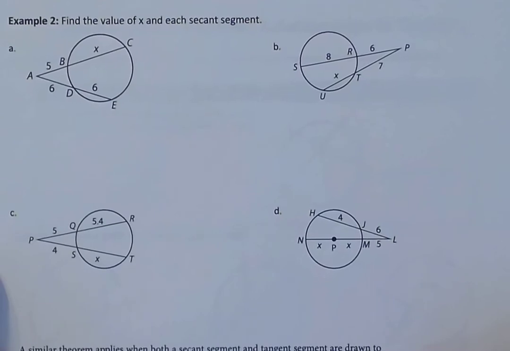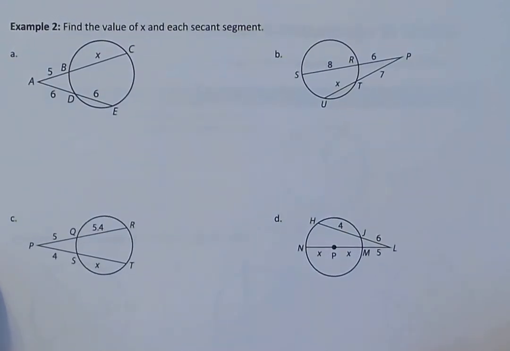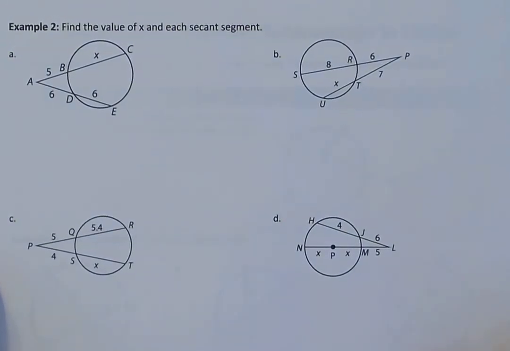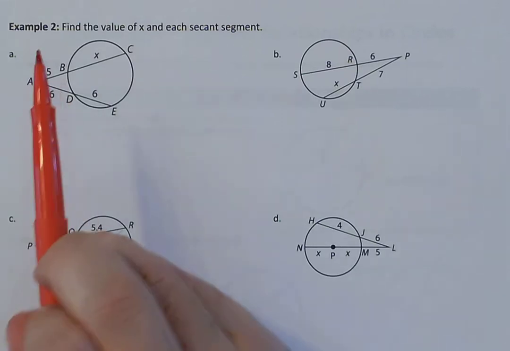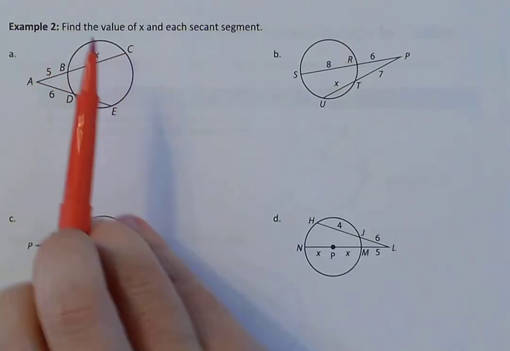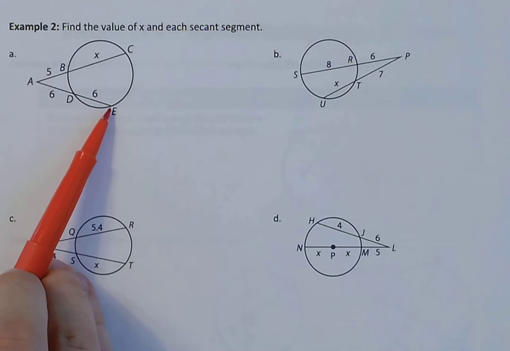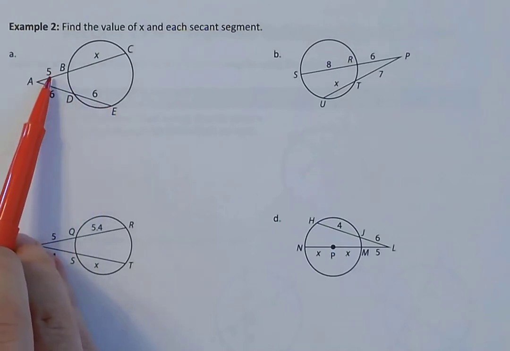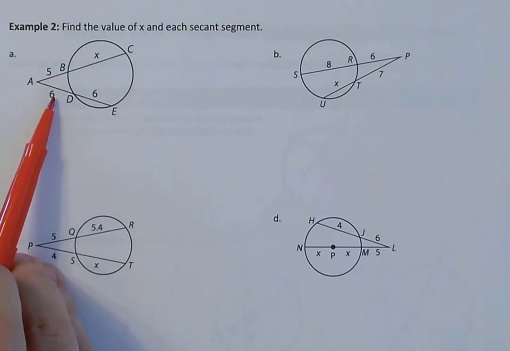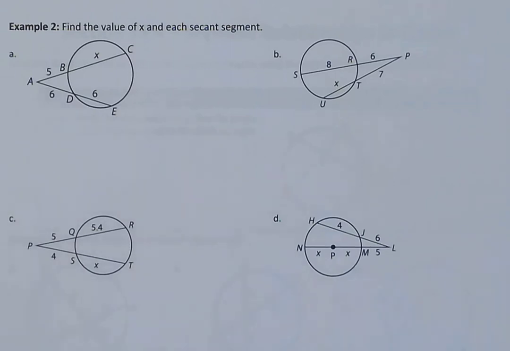All right, so example 2, we are going to use that secant product theorem. So find the value of x and each secant segment is our directions. If we look at part A, we have our secant AC and our secant AE, and then our external parts of AB and AD. Now, the goal is to figure out the value of x.